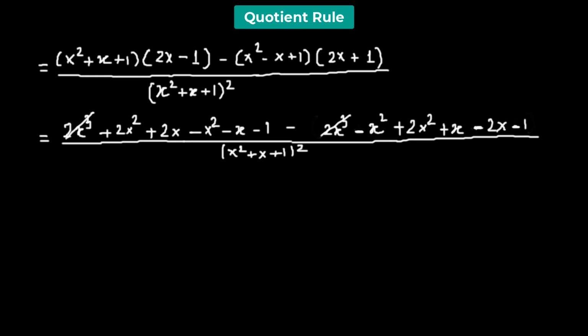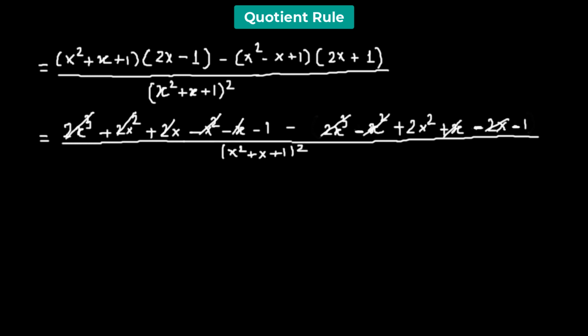So 2x cubed gets cancelled, 2x will also get cancelled, negative x and positive x will get cancelled. So we have now 2x squared minus x squared minus x squared, so that will also get cancelled. That leaves us with only negative 2, oh, we have a 2x squared here.